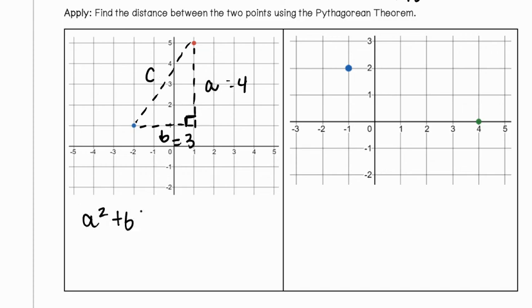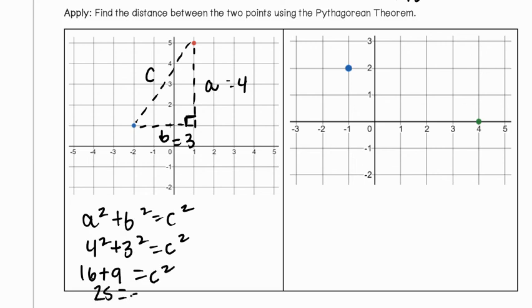A squared plus B squared should equal C squared, so 4 squared plus 3 squared equals C squared. We get 16 plus 9 equals C squared, so 25 equals C squared. When we take the square root on both sides, we end up getting C equals the square root of 25. That's one of our perfect squares though, so the length of C equals 5.